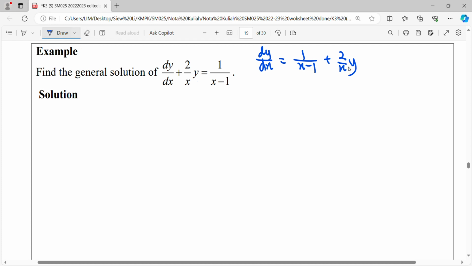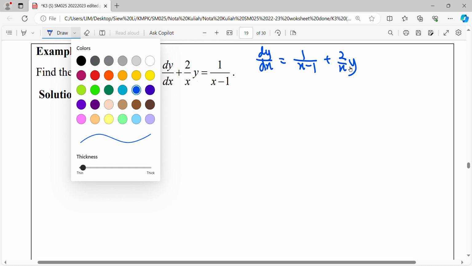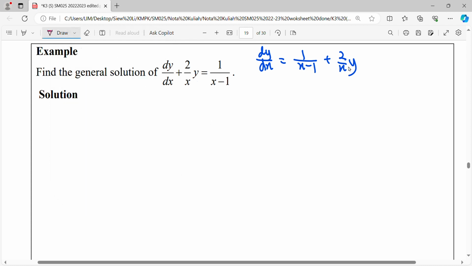When we have a non-separable differential equation, the other way to solve this dE is by using an integrating factor. So our strategy here will be using SIMPLEST.